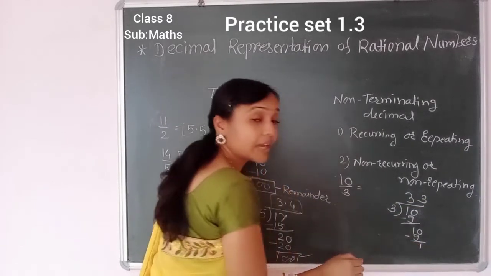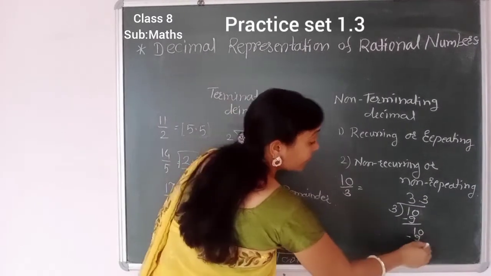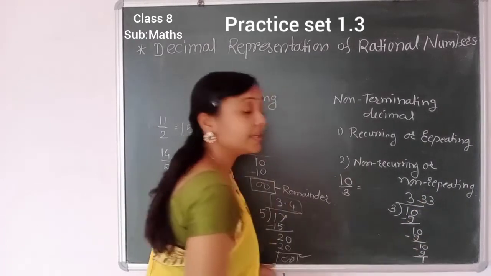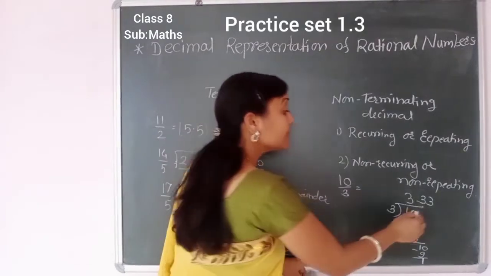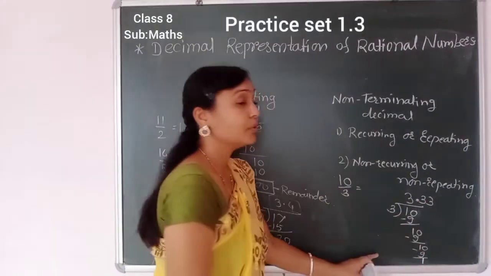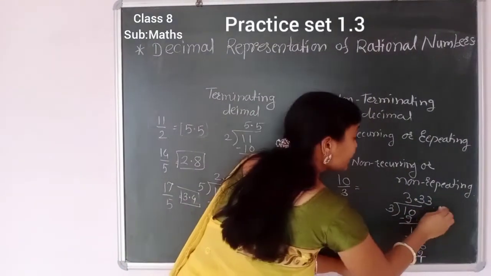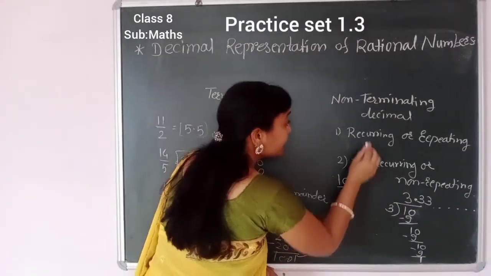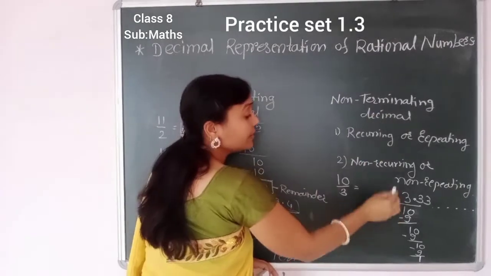Again we have the remainder 1. Again we take 0. Again 3 3s are 9. Again we get the remainder 1. It means this division will not stop. It is going on and on. That means this is the non-terminating decimal.